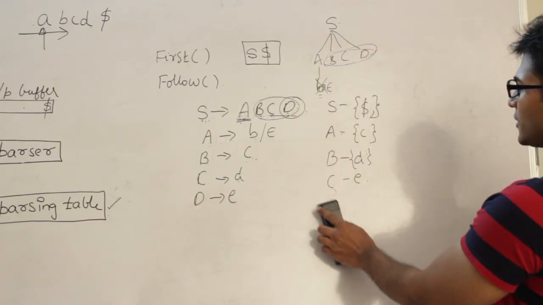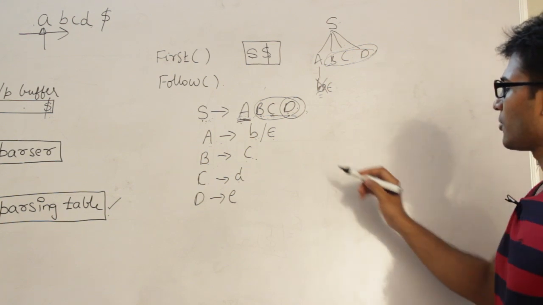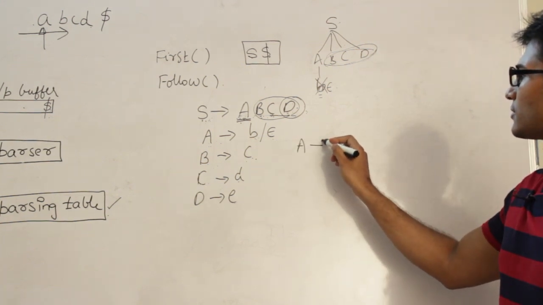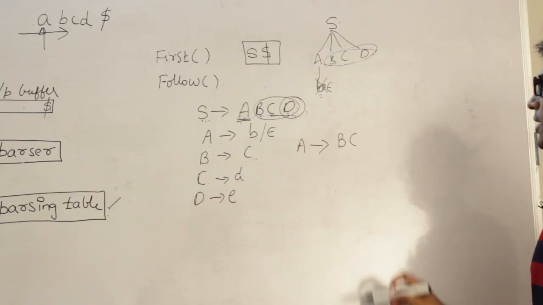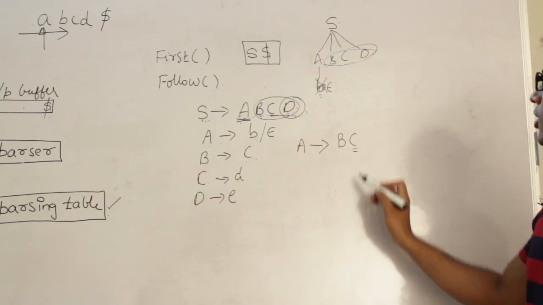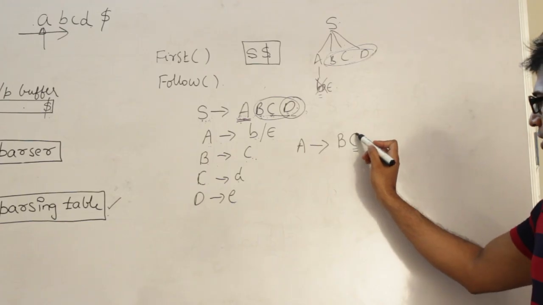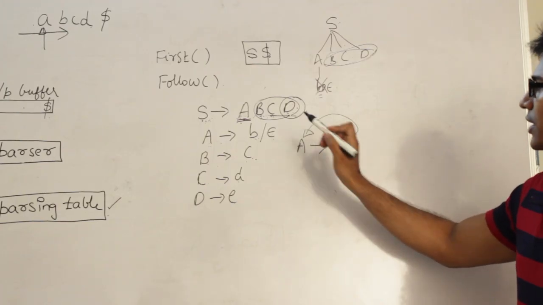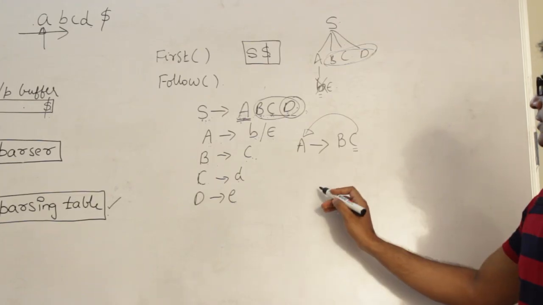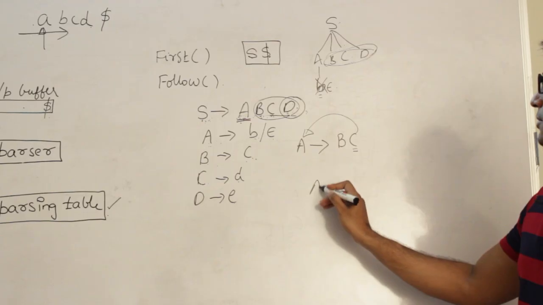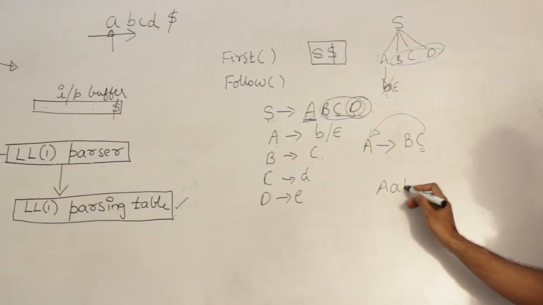If I have a production like A derives bc, then what is follow of c? Follow of c need not be dollar. Follow of c is follow of A. The reason is, in the derivation process, let us say somewhere I got the string capital A, small a, b, c, dollar.